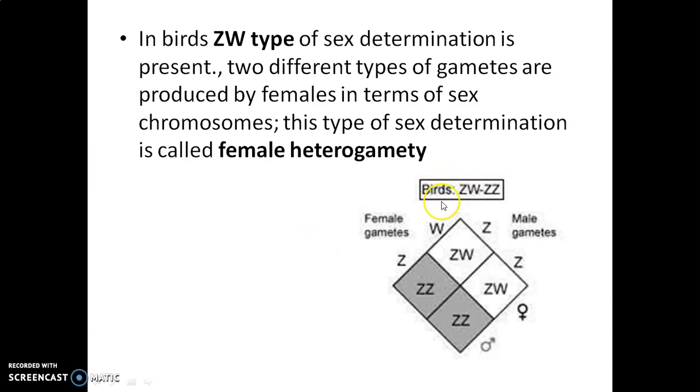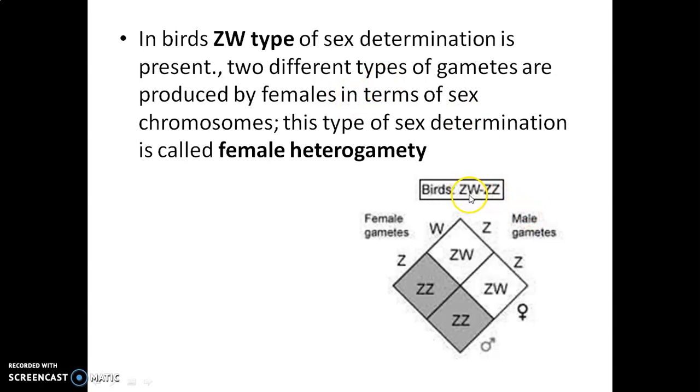Now, let's discuss the sex determination in birds. Here, ZW type of sex determination is present. One more specialty is there. Here we can see female heterogamety. You know what is female heterogamety? Instead of males, here females produce two different types of gametes. Clear?